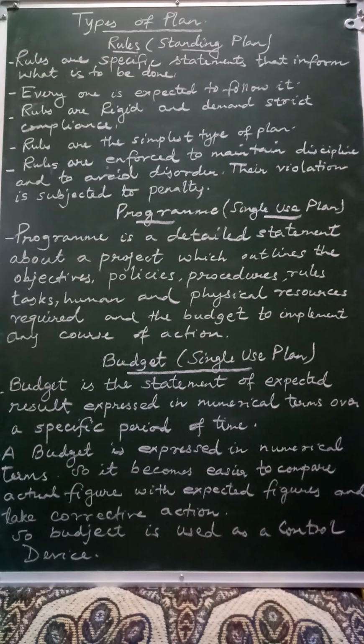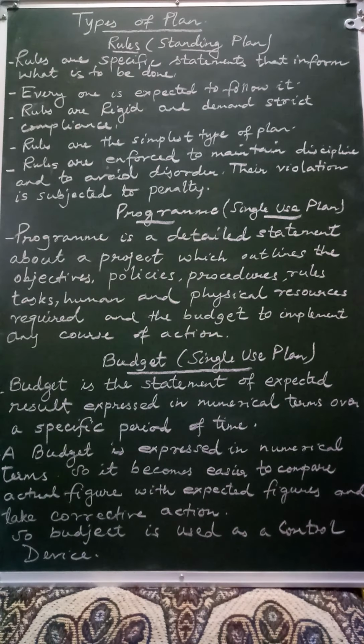So how are we going to define rules? We can say that rules are specific statements that inform what is to be done. Rules reflect a managerial decision that a certain action must or must not be taken.